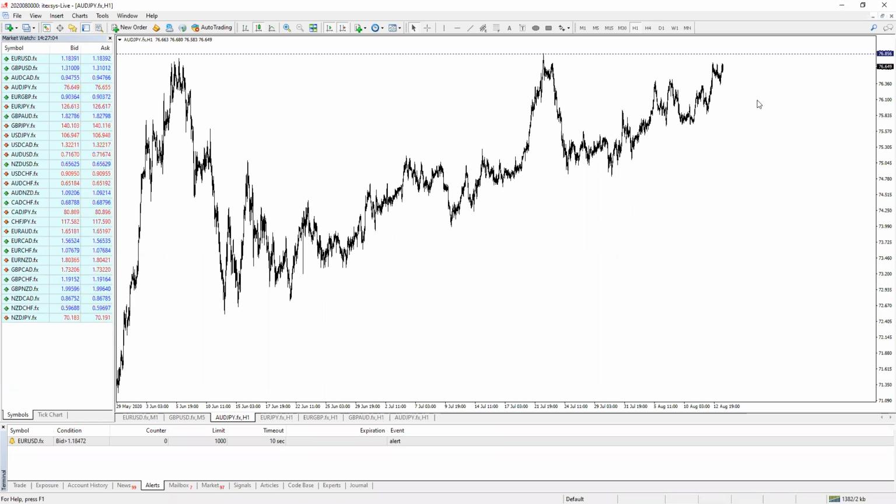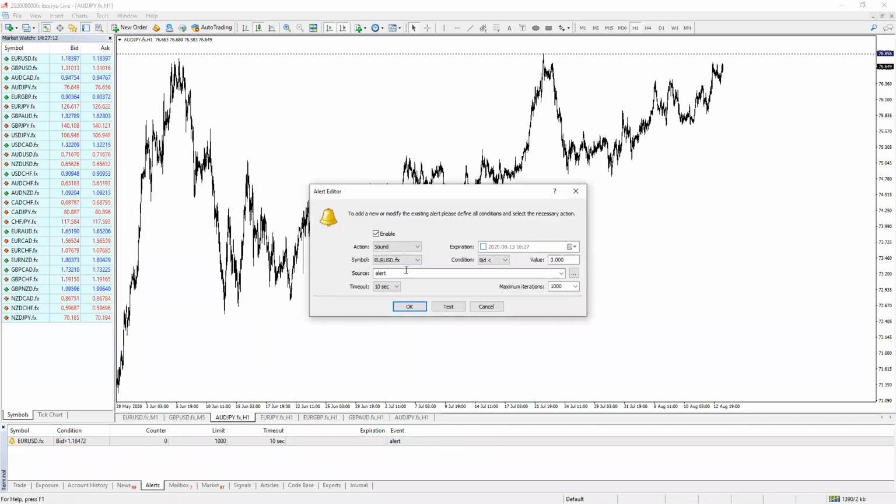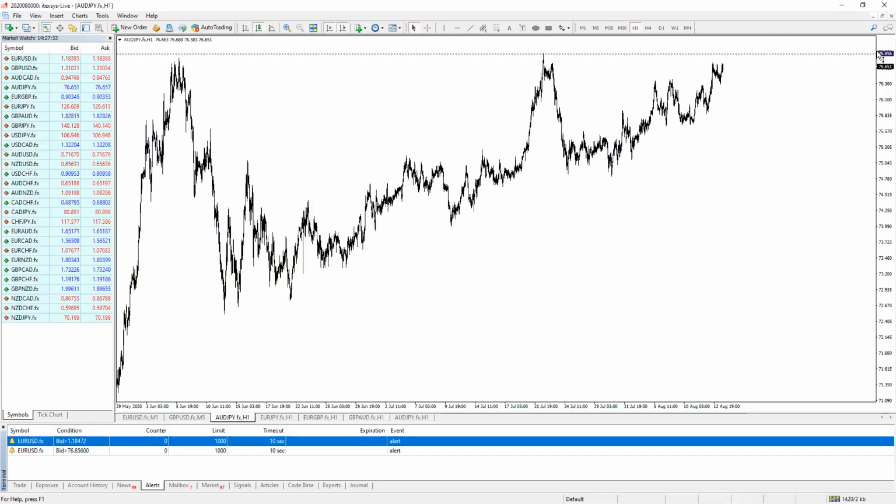Anyway, let's just leave an alert here for bid bigger than 76.856. And if price gets there, we'll hear a beep and we'll go and see how the reaction looks.